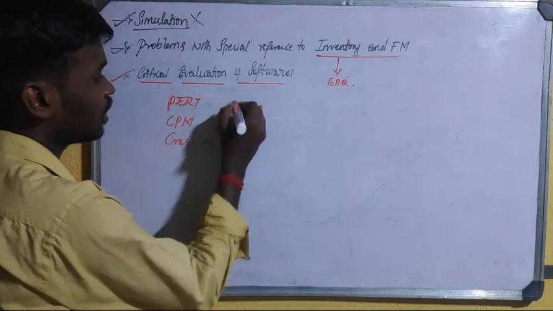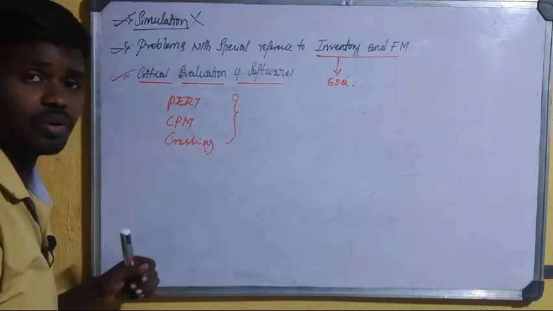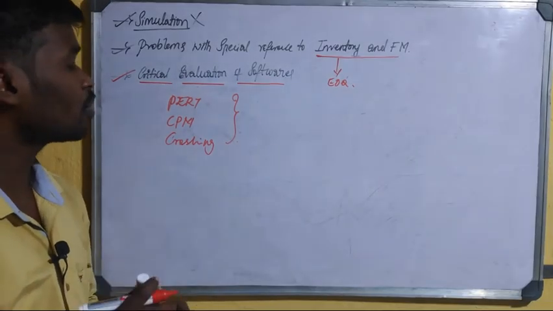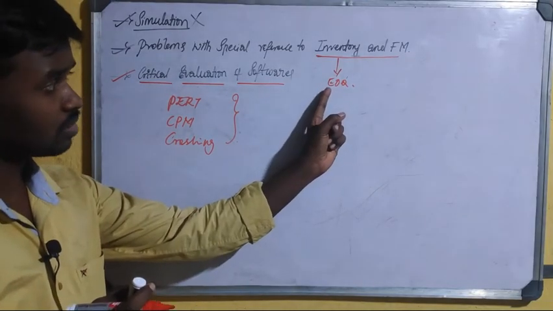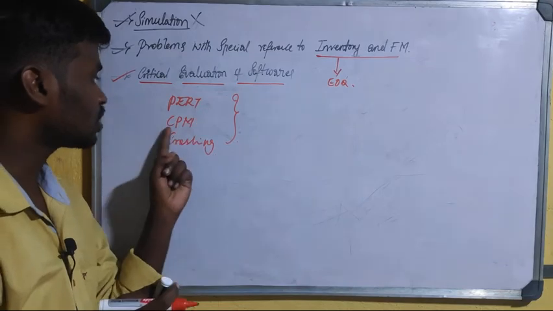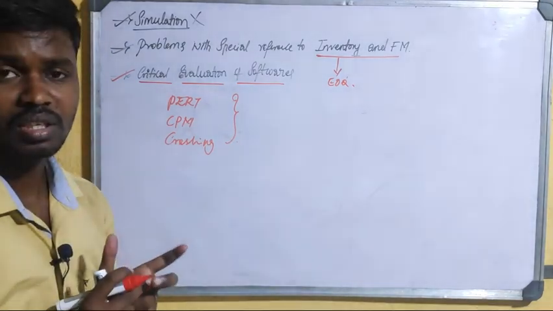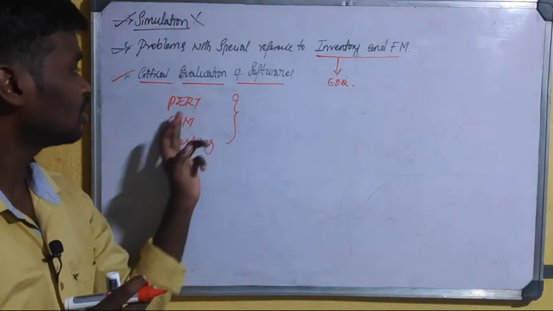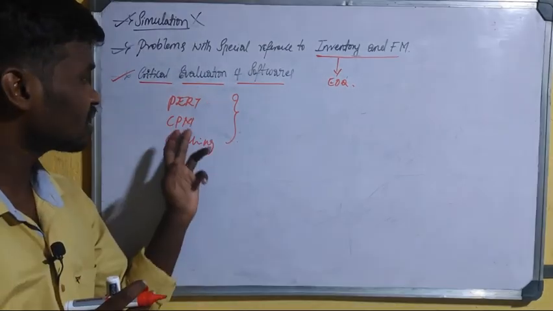These three concepts we are also going to study in the next chapter. So you have the problems under economic order quantity, PERT analysis, CPM analysis and crashing. As soon as possible I am going to complete all the practical problems under these concepts.